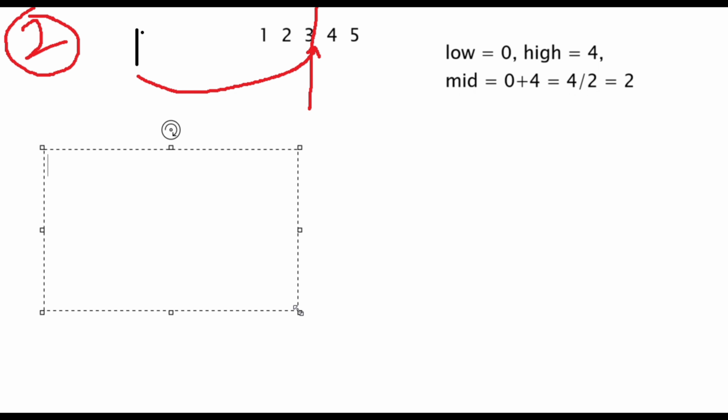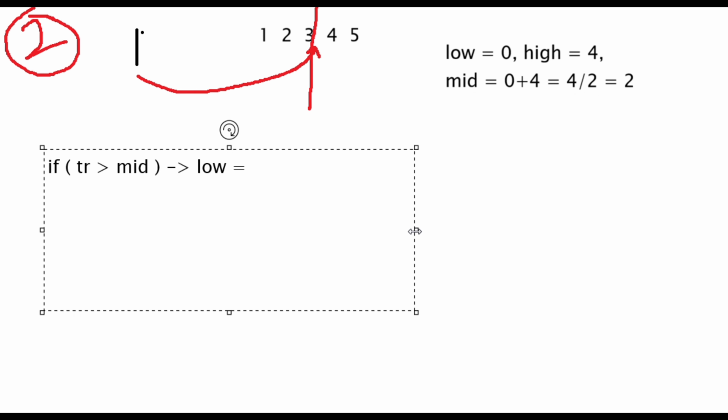There are three main logics, right? The first thing is, if my element, let it be tr, target, is greater than the mid value, then what is the condition? You are going to change it as low equals mid plus 1.